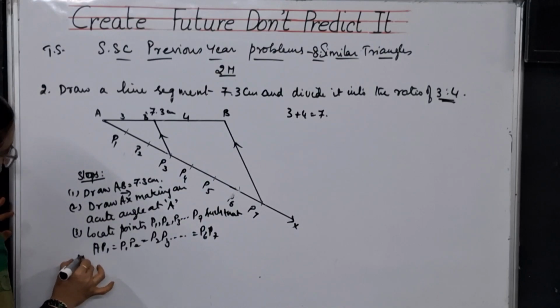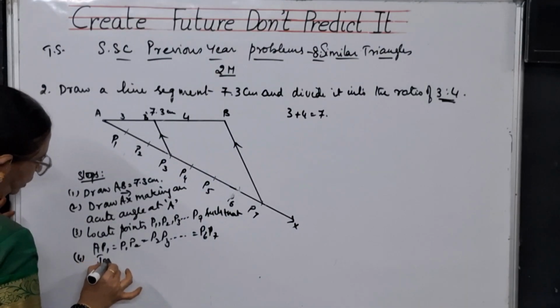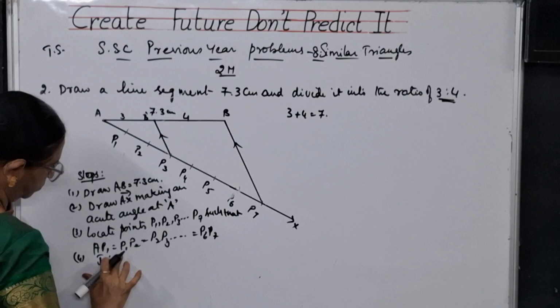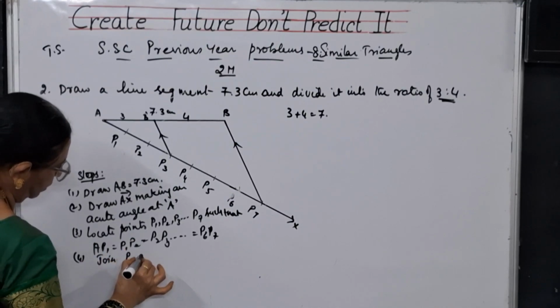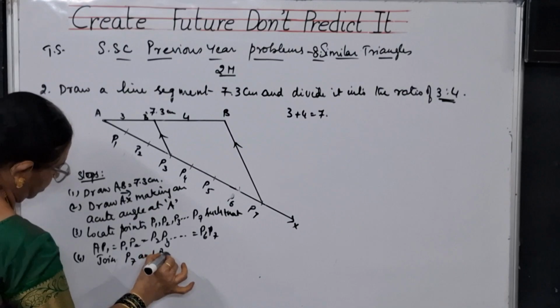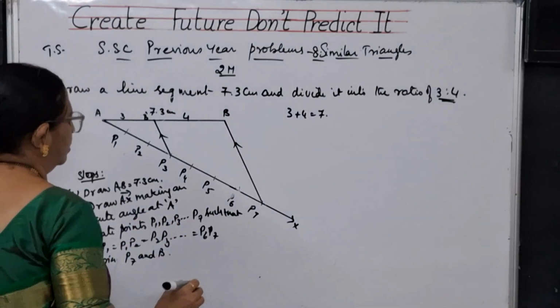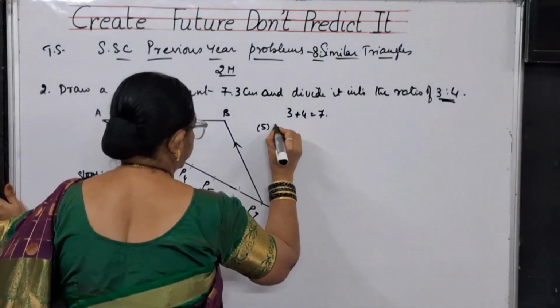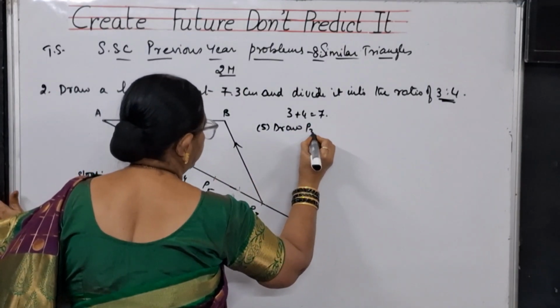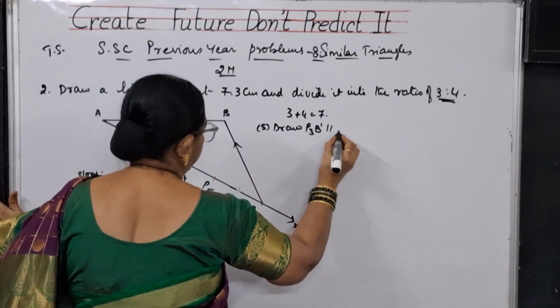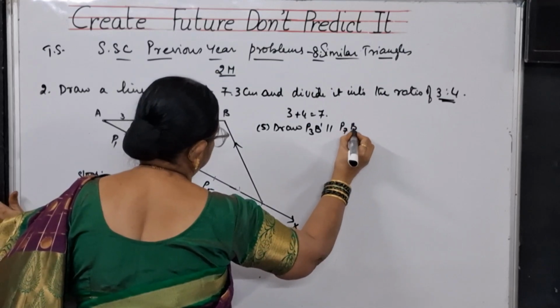Then fourth point, join P7 and B. Next, fifth point, draw P3B dash parallel to P7B.